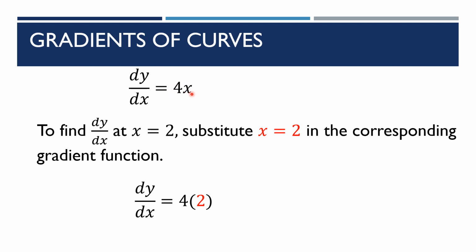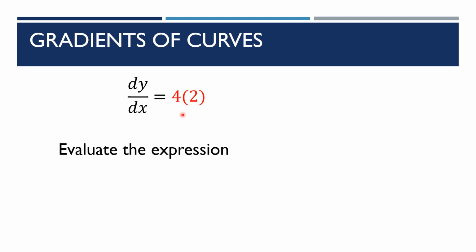So you'll have 4 multiplied by 2 as shown. Next, we evaluate the expression. That is 4 multiplied by 2, and this will give us 8 as shown here. So the gradient at the point x equals 2 is equal to 8.